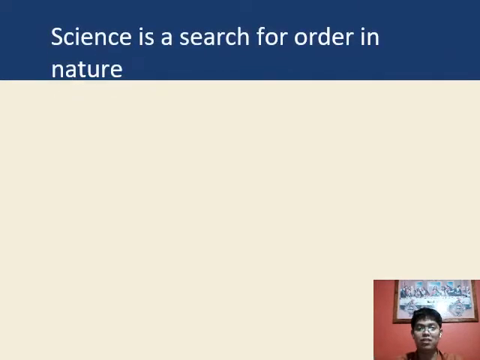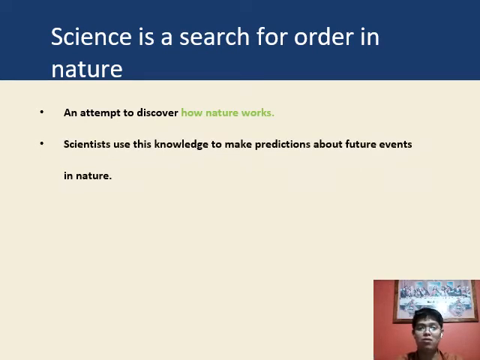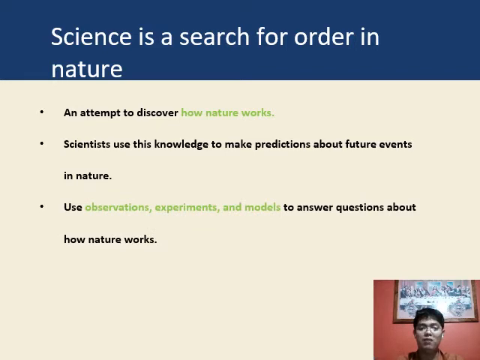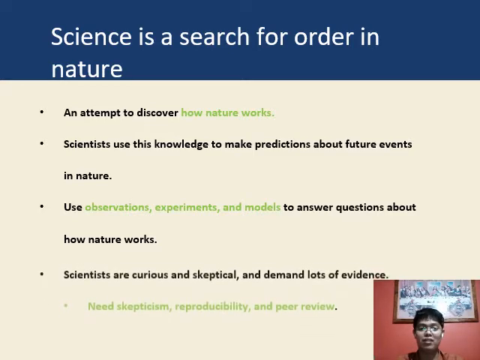Now, science is a search for order in nature, and it is an attempt to discover how nature works. It is also used by scientists to make predictions about future events in nature. Observations, experiments, and models are used by scientists to know how nature works.